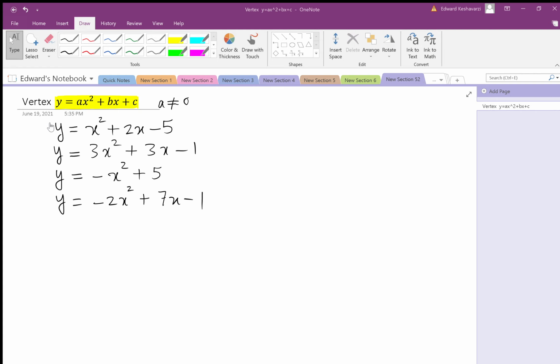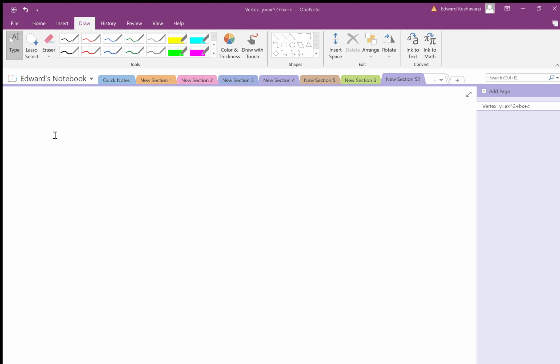So it looks like that if the leading coefficient is positive, it opens up, and when the leading coefficient is negative, it opens down. Let's try one more. So 3x squared plus 4x minus 1. Yeah, the green one that opens up.